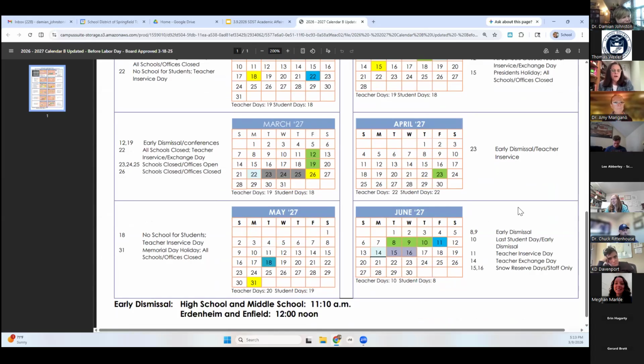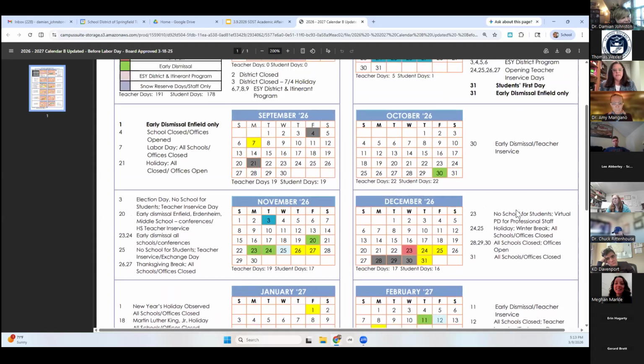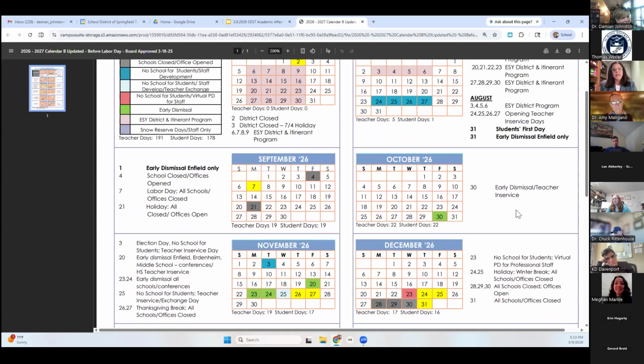The third priority for the community is to continue to have family conferences in both the fall and spring, and where possible over the Thanksgiving holiday week to hold those conferences such that families can get in and get an update after the first few months of school. The one thing we are not able to do for the next 2 years, which is another priority of families, is start after Labor Day.